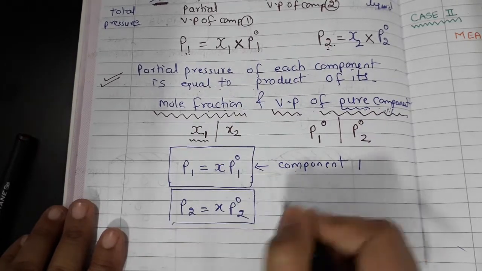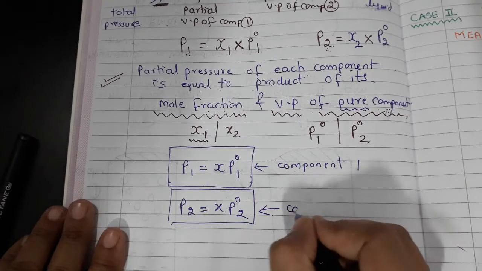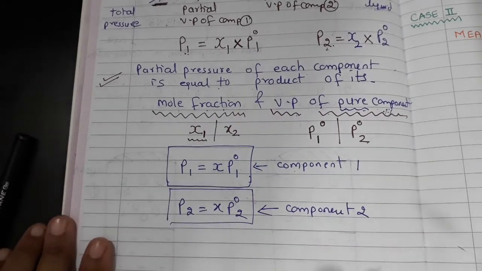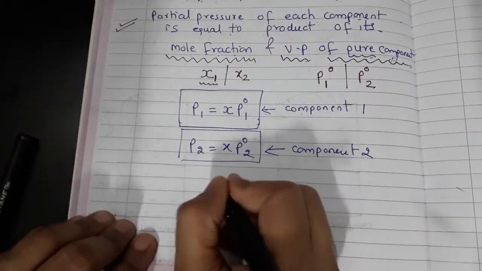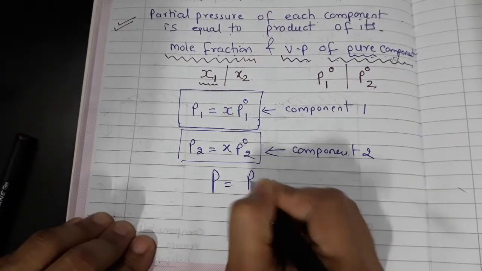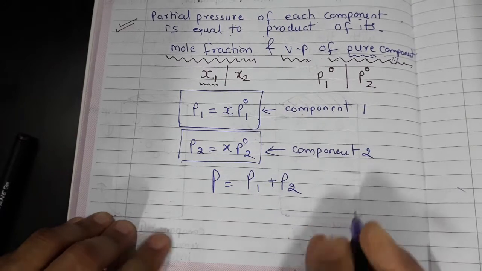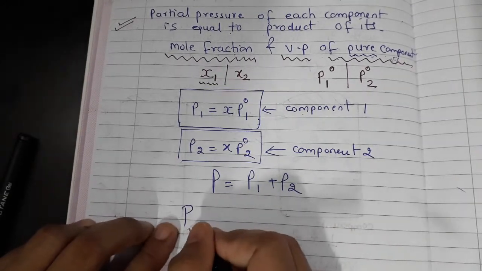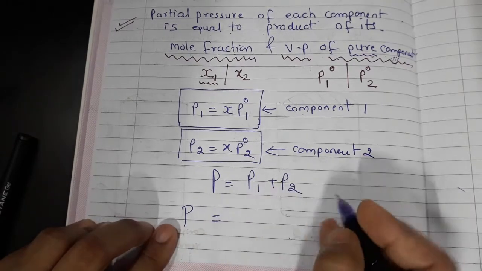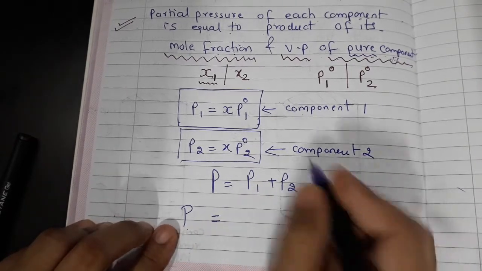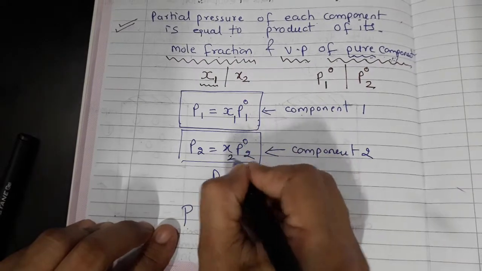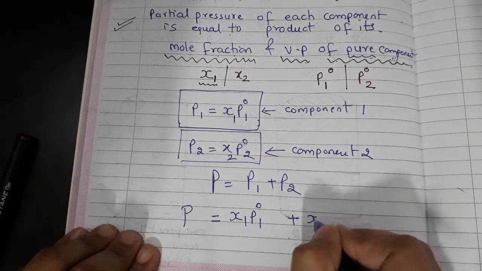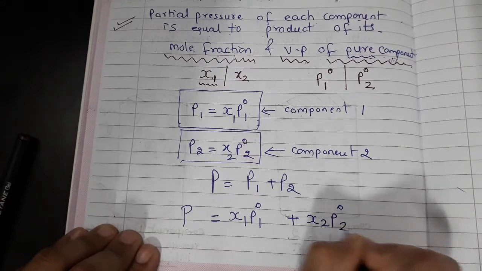So this is the partial vapor pressure of both the components which I have written. So it means that I am going to write now P is equal to P1 plus P2. That is, total vapor pressure on the surface of liquid is given by this expression. So I'll write here X1 P naught 1 plus X2 P naught 2.